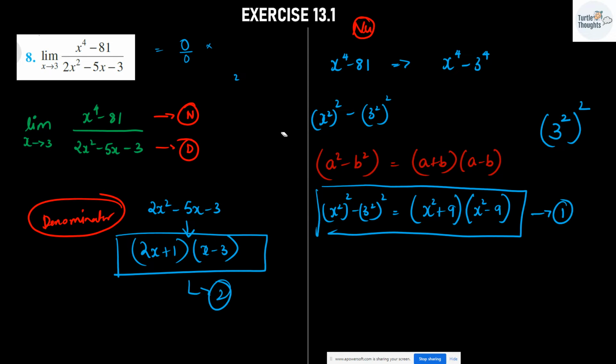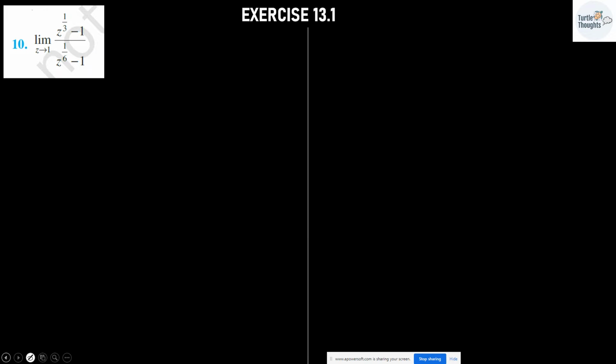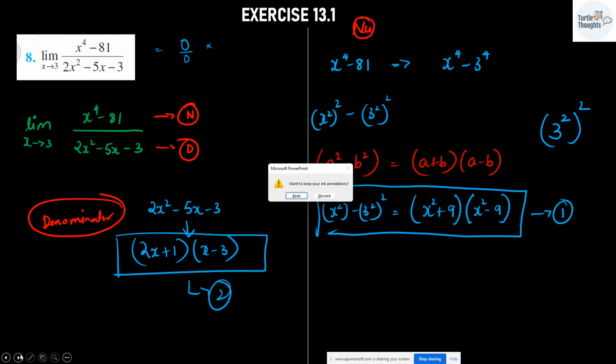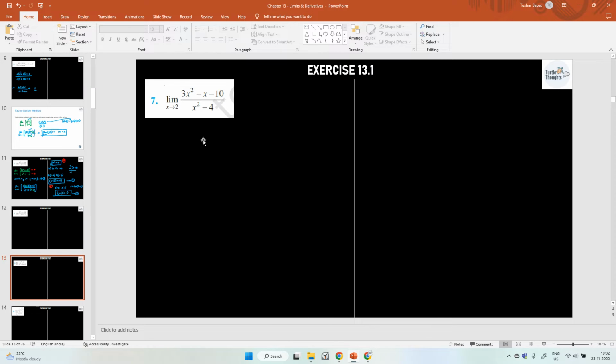In order to do that, I have taken numerator and denominator separately. Numerator I have solved as x square plus 9 multiplied by x square minus 9. Denominator I have got as 2x plus 1 multiplied by x minus 3. Let me write down the same thing in the next slide and continue with the question.